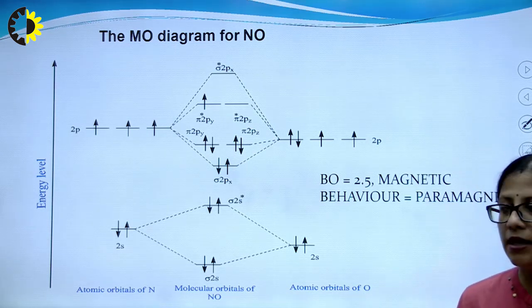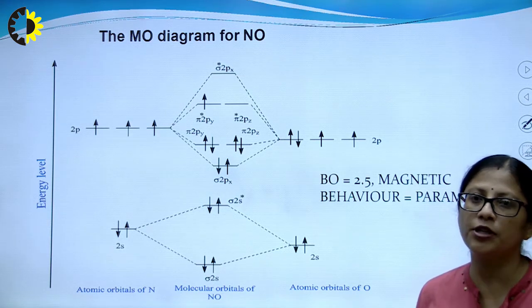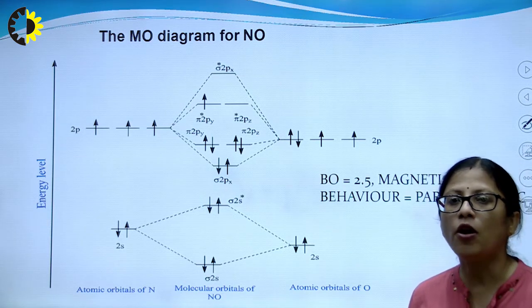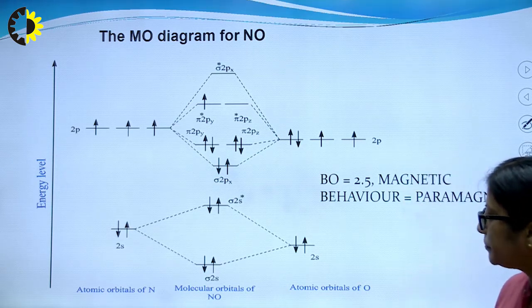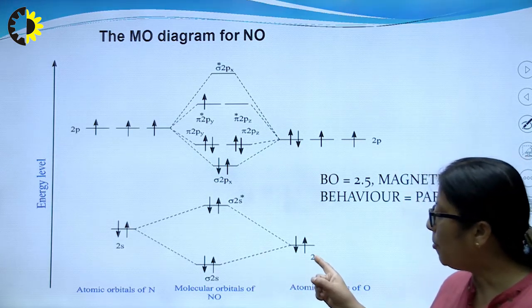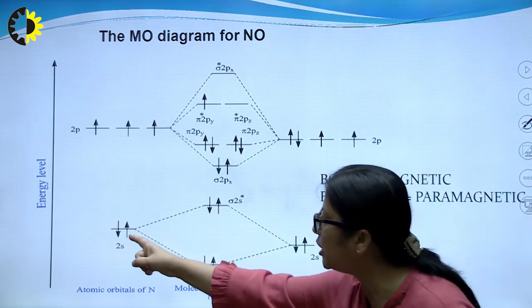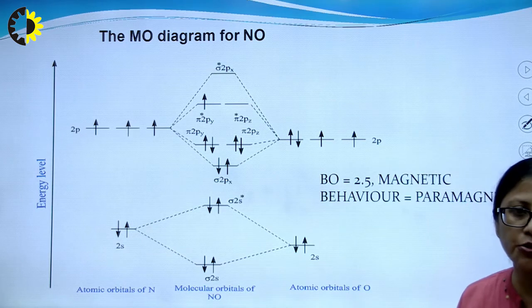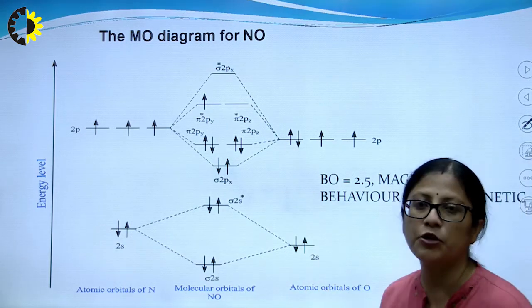Now in this case, when we compare the electronegativity of nitrogen and oxygen, obviously oxygen is more electronegative than nitrogen. Therefore, the atomic orbitals of oxygen are lower in energy in comparison to the atomic orbitals of nitrogen. So here I am showing sigma 2s and sigma 2p orbitals.